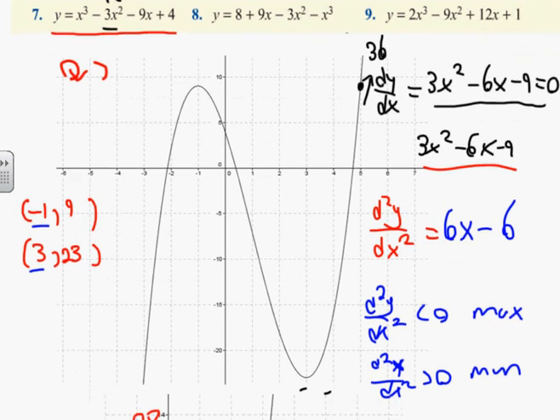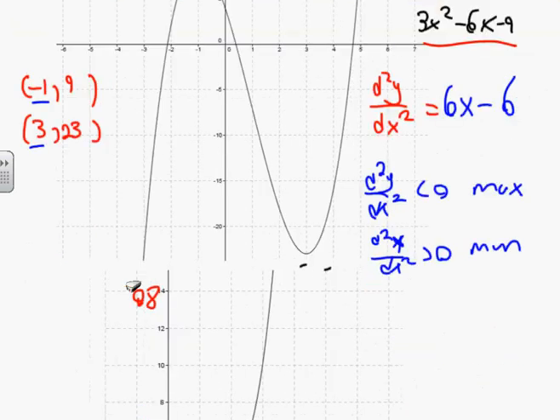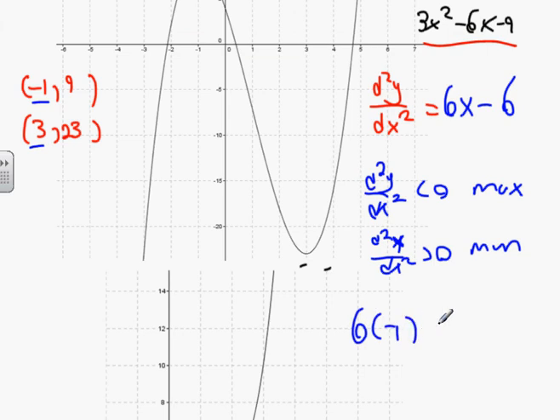So what happens when we plug in x equals minus 1? It's going to be 6 times minus 1 minus 6, and what is that? Minus 12. Is it bigger than 0 or smaller than 0? If it's smaller, it's called a maximum, and if it's bigger, it's a minimum.